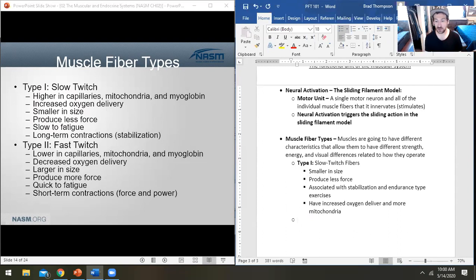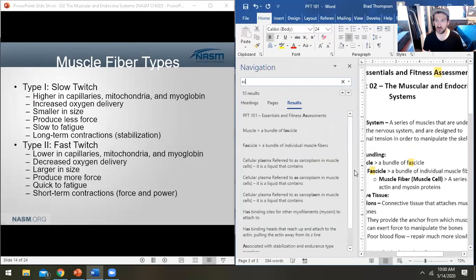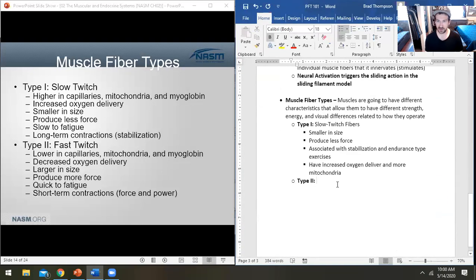So then we've got our type 2 fibers. These are your fast twitch fibers, okay? These tend to be larger in size, and produce more force.